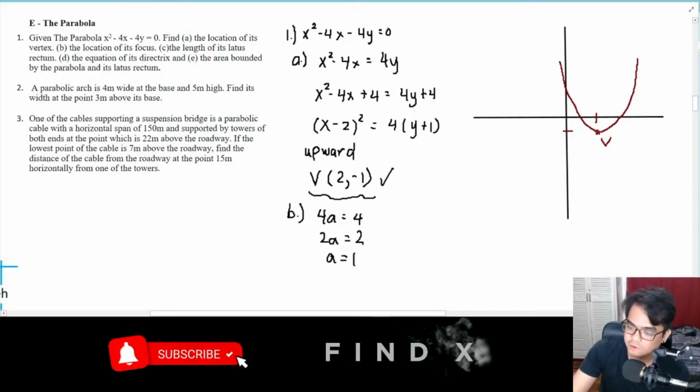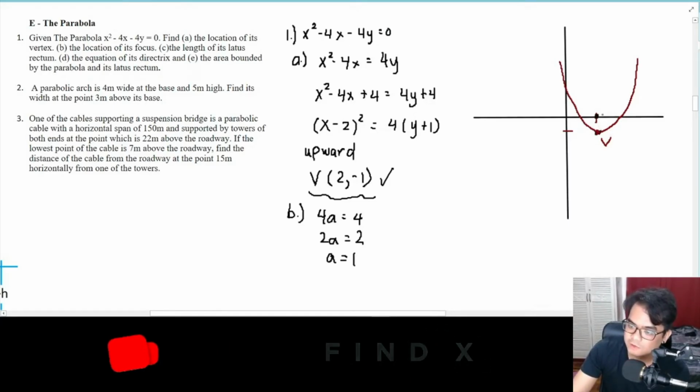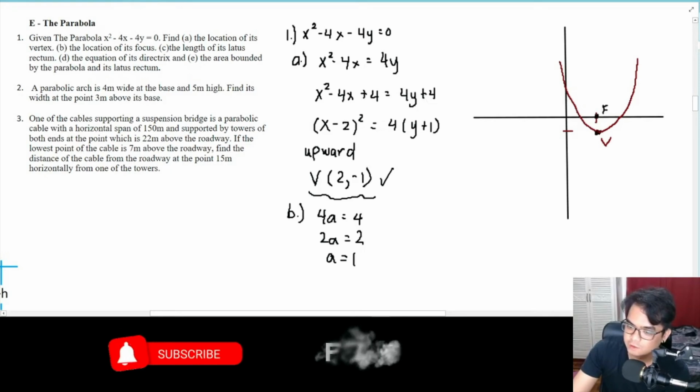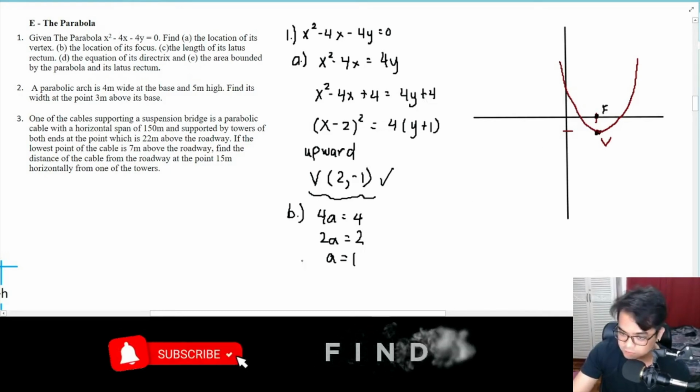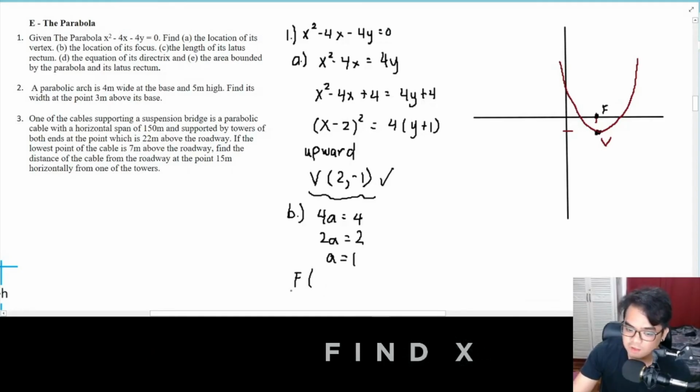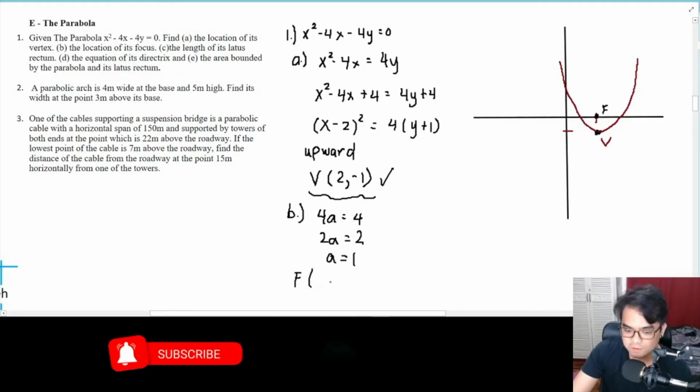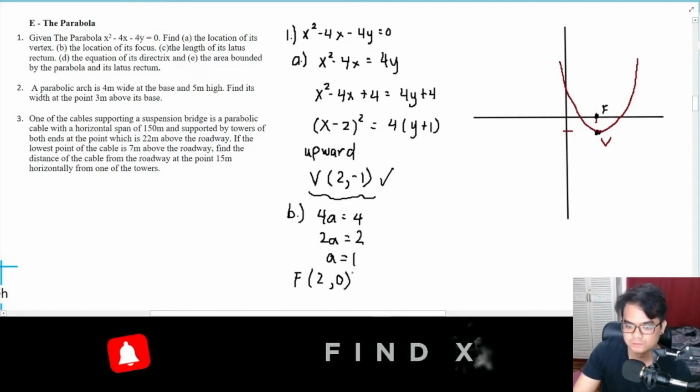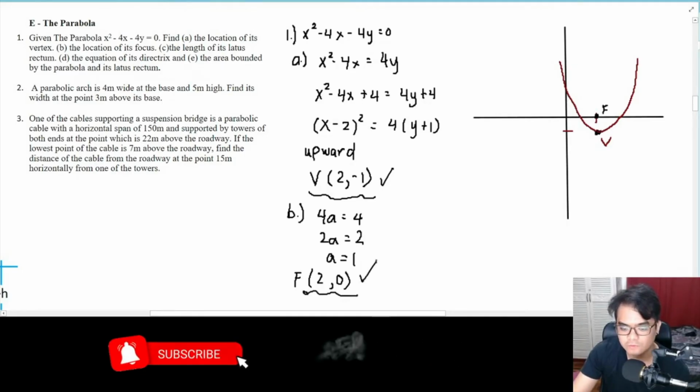So if this is your vertex, move up 1, this is your focus. Therefore, your focus is at, what's that coordinate? The y is 0, right? And the x is at 2. So 2, 0. Okay, so that's 2, 0, and this will be your focus.